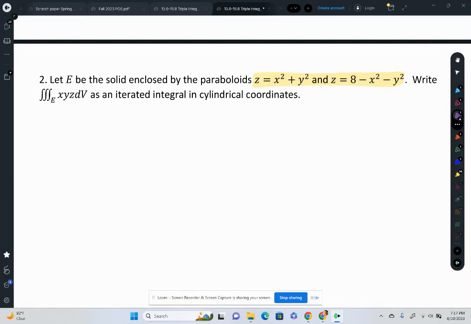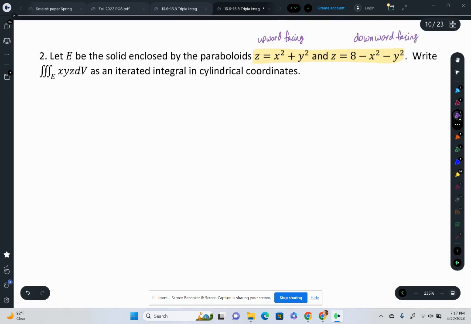Okay, so z equals x squared plus y squared is upward facing. I know that because there are no negative signs in front of the x squared and y squared. That means z equals 8 minus x squared minus y squared is downward facing. So what we have here is a downward facing paraboloid.